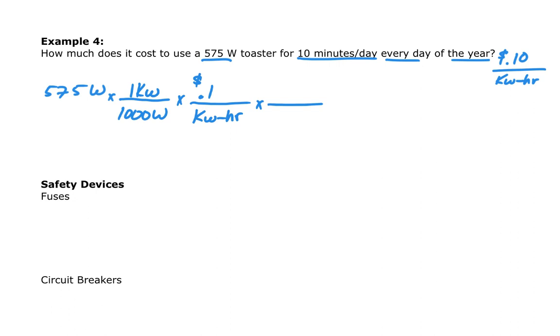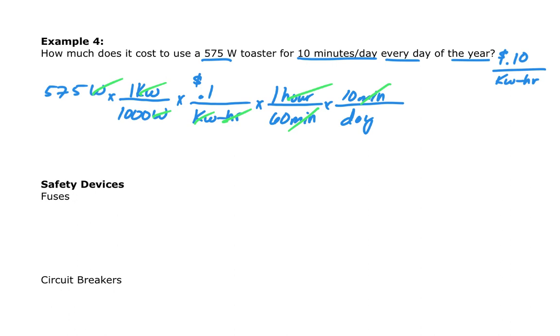So I need to get that in hours. I see that the watts cancel with the watts and the kilowatts cancel with the kilowatts, but I need to get rid of those hours and put that into minutes. So I happen to know that in 1 hour, there's 60 minutes, but I'm only using this device 10 minutes per day. So that's a little different than we had before, okay? My hour cancels with the hour, my minute cancels with the minute.